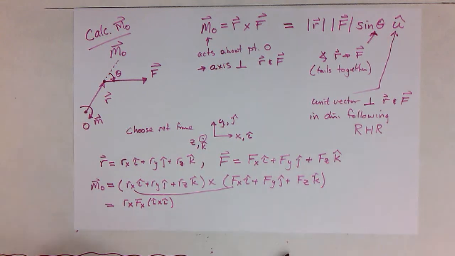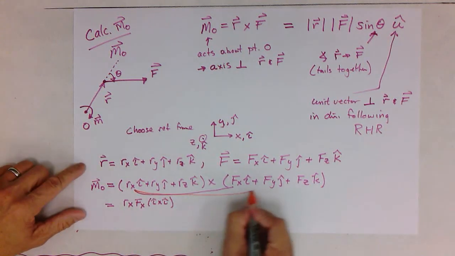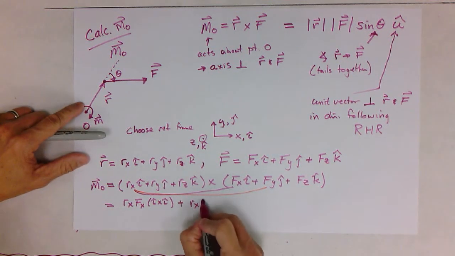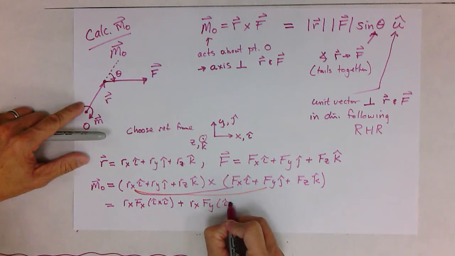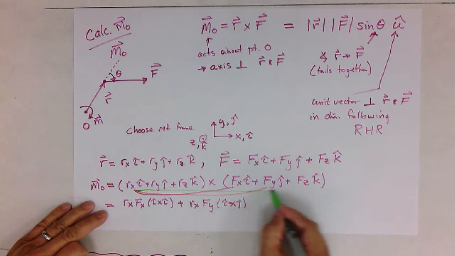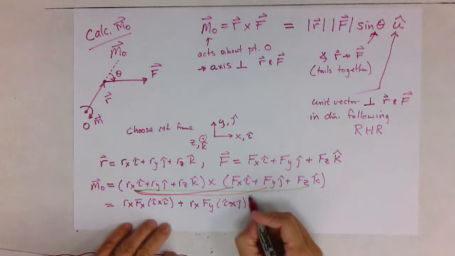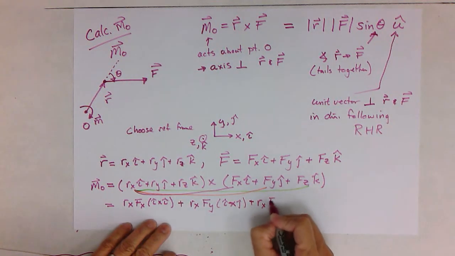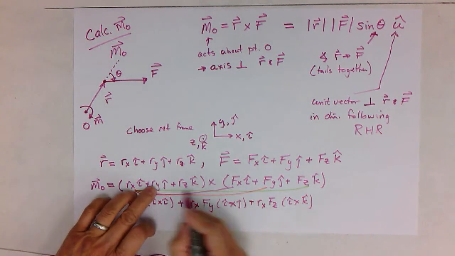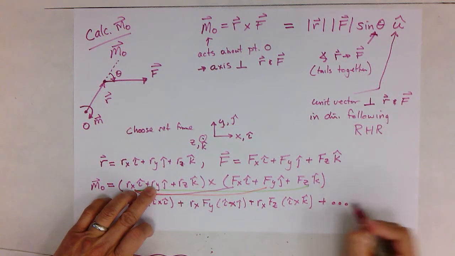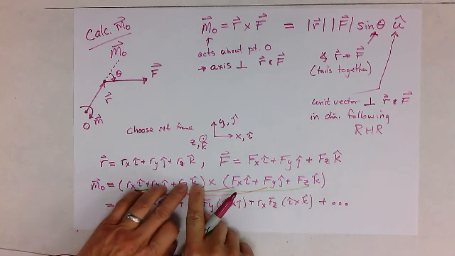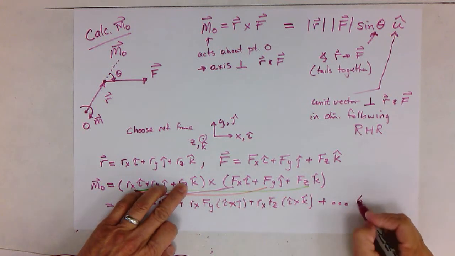The second term is going to be this one cross this one. So that's r_x F_y, i cross j. And then this term here, and then I'll have i cross k. And then I'll repeat this process with these two terms, leaving me with 6 more terms. So 3 from this one crossing each of these, and then taking this one crossing each of these, 6 more terms.